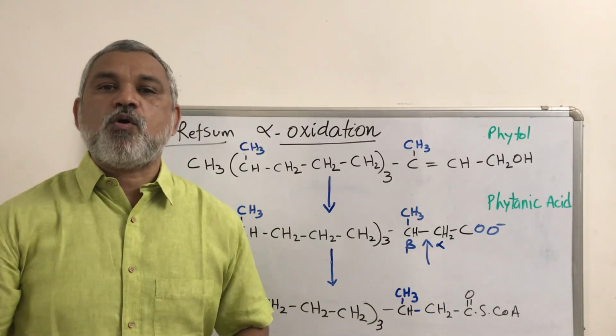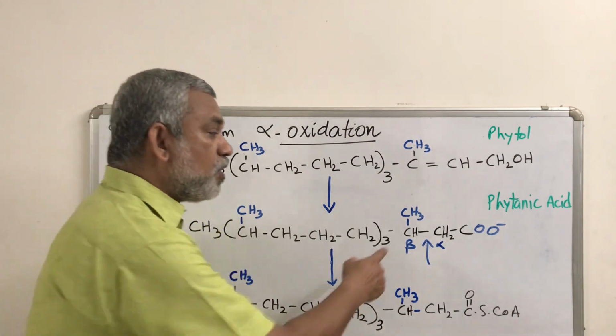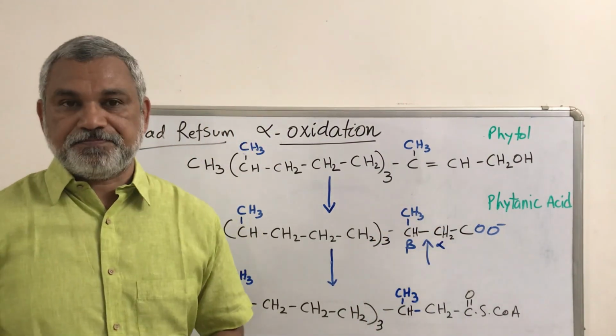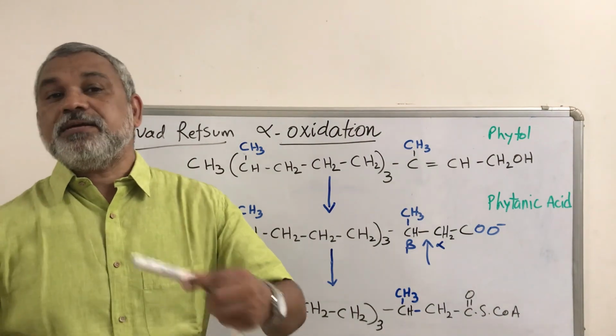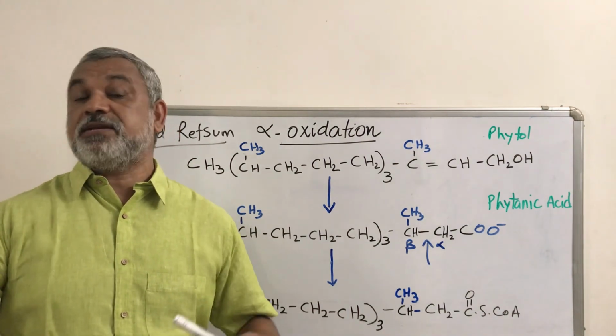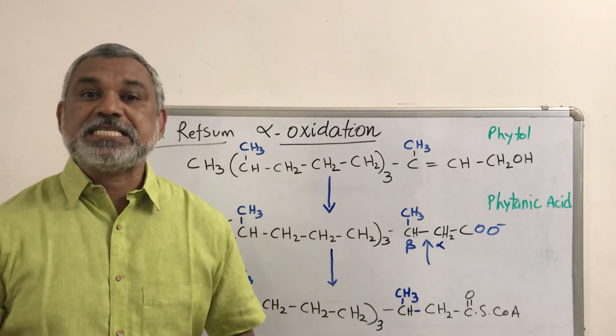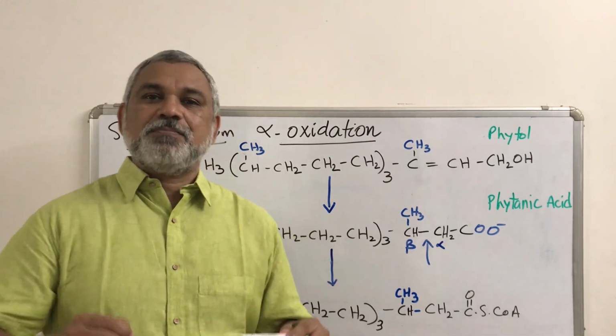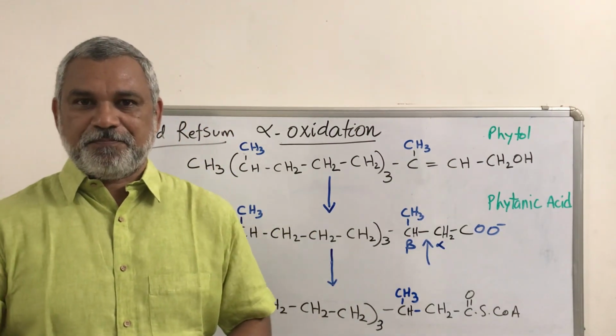The normal beta oxidation is not possible because there is a branching at the beta carbon atom. So therefore it got a lot of attention in the 1960s. Different scientists began looking at how to oxidize this branched chain fatty acid.